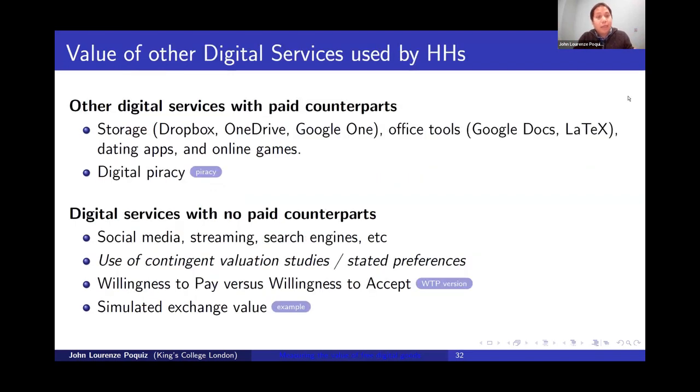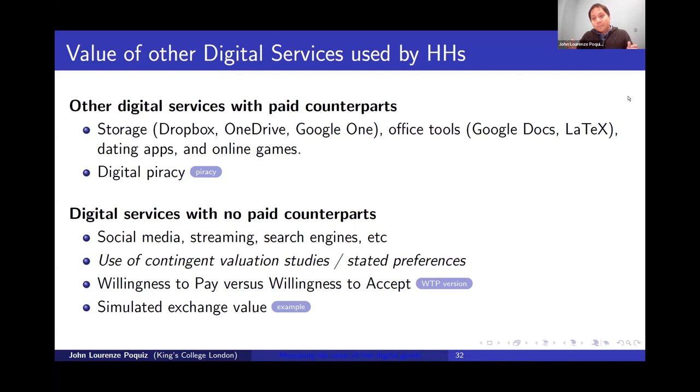Some of the things we're trying to do moving forward is also we want to expand this to other goods. So here we can think about other digital services that have a paid counterpart, like storage or office tools, or maybe dating apps and online games. I have a separate paper on digital piracy.